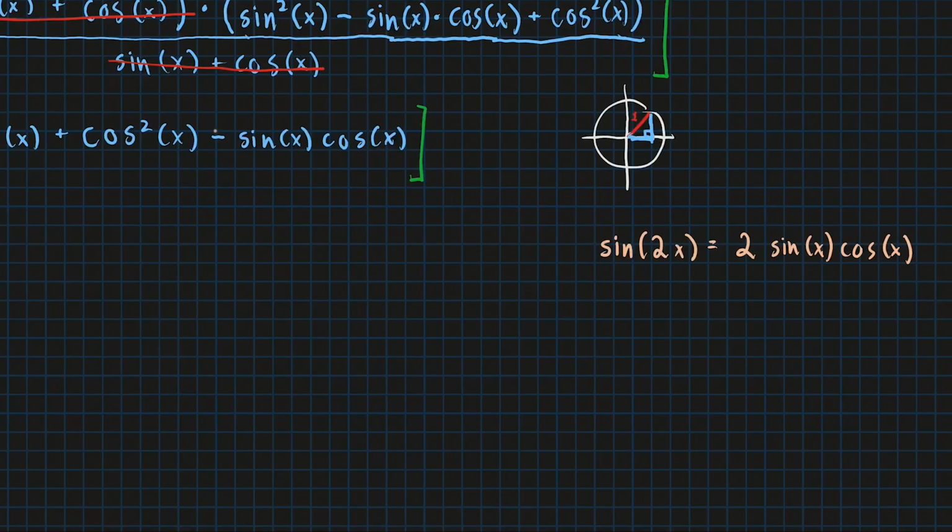Well, ignoring the negative here, we have sine x cosine of x. So this must just be half of that. So if you take the half of both sides, multiply both sides by 1/2, half of sine 2x is equal to sine x cos x.